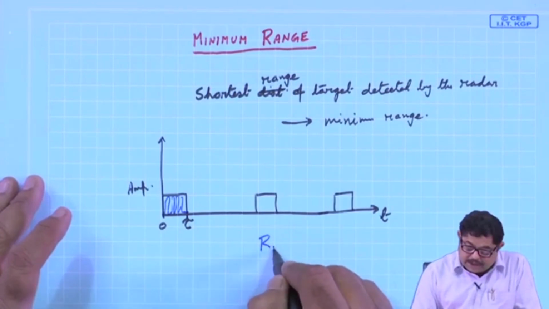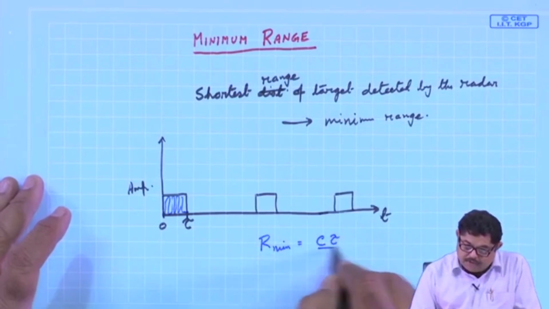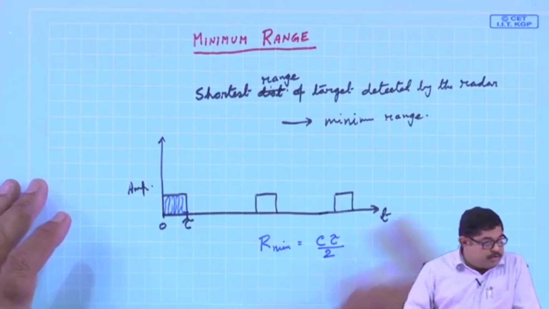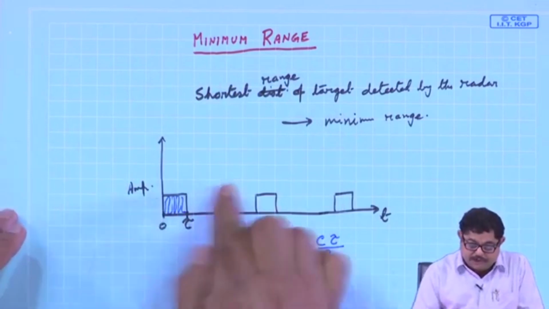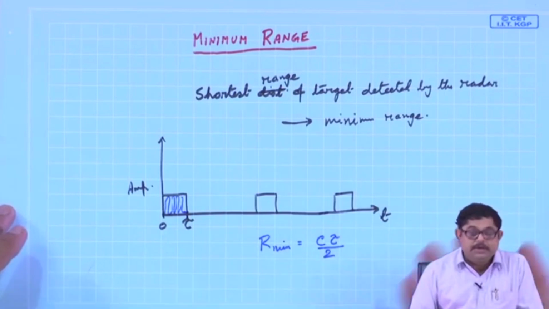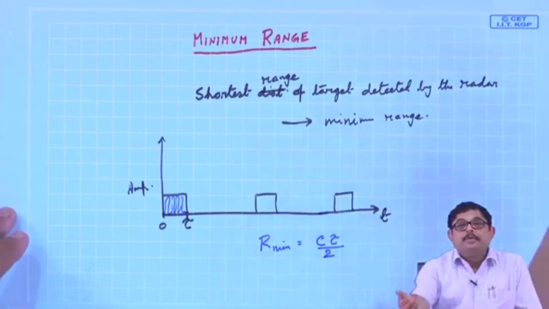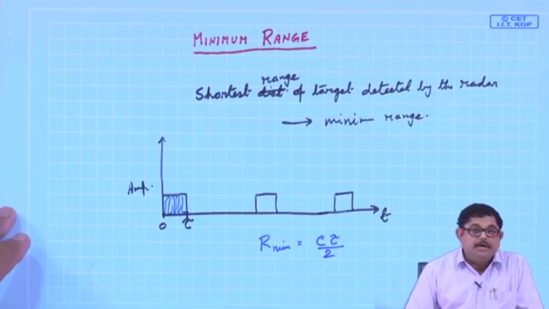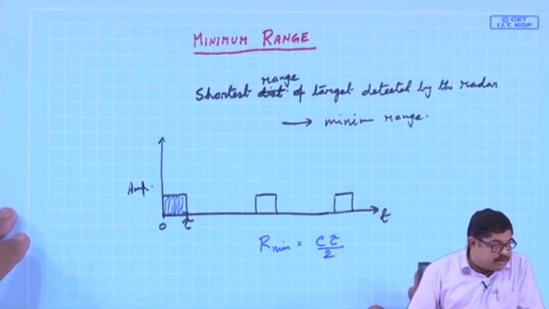So, I can say that R minimum will be c tau by 2. Here tau is the pulse width. If the pulse width is 1 microsecond, then the minimum range turns out to be 150 meters. So, anything closer than 150 meters, the radar cannot see.